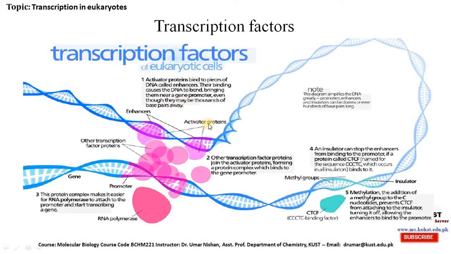So here are the activator proteins, the regions of enhancers. Other transcription factor proteins join the activator proteins, forming a protein complex which binds to the gene promoter. Then this protein complex makes it easier for RNA polymerase to attach to the promoter and start transcribing a gene.